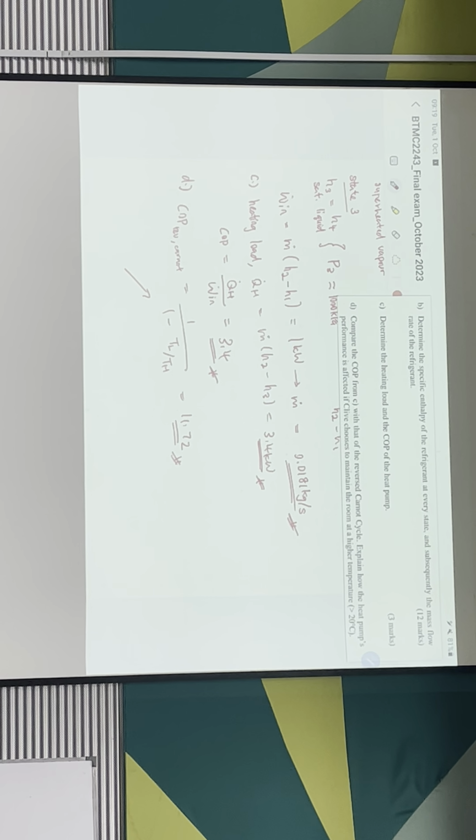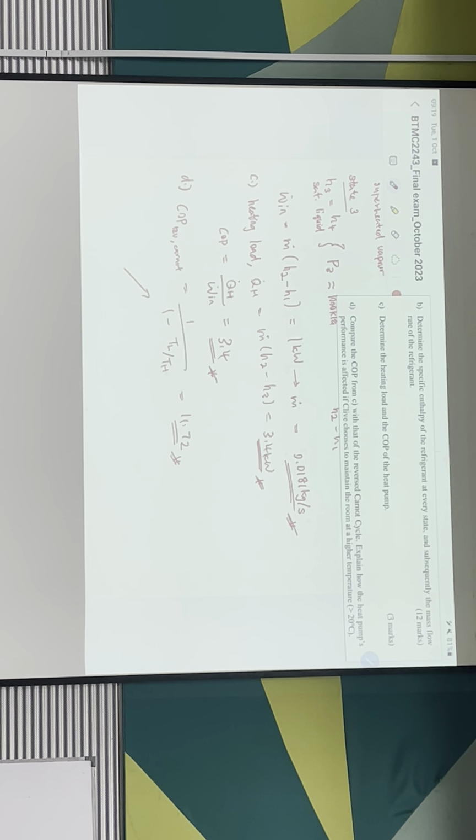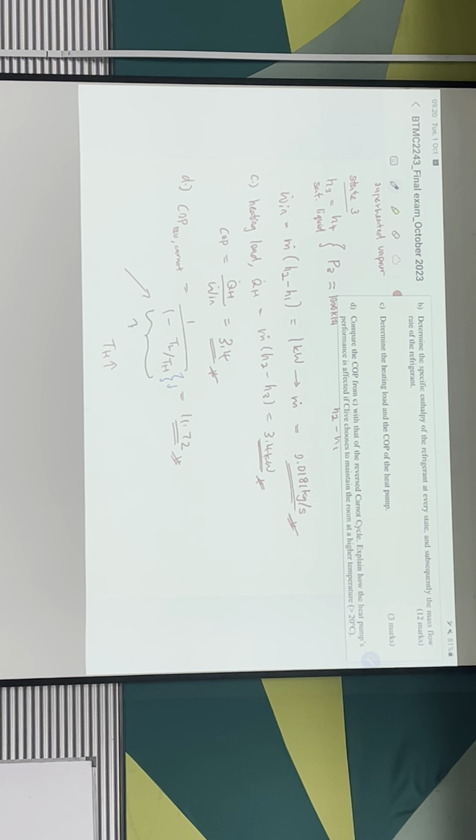So if the room is at a higher temperature, which means TH is higher. If TH is higher, which means that this entire thing is lower, but I go one by one. So TL over TH will be lower, which means 1 minus this will be higher, and ultimately this is lower.